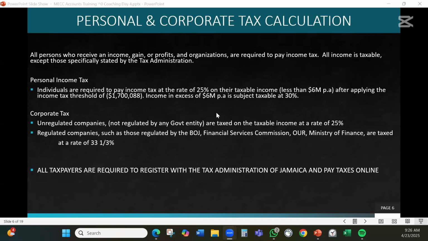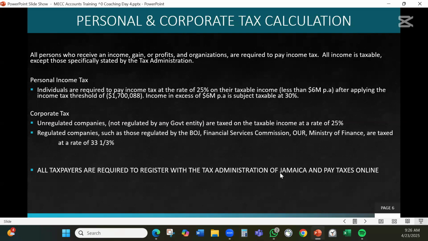The threshold is now 1,700,088. It is not exactly 1.7. So for now it's 1,700,088.